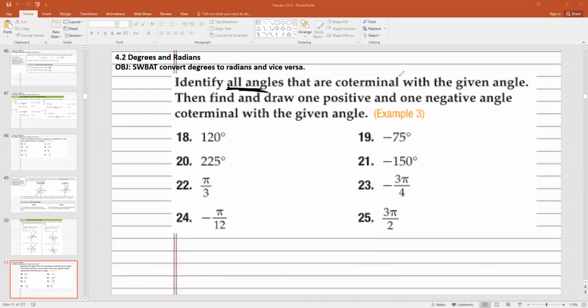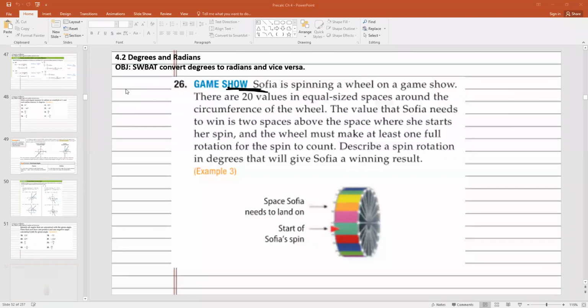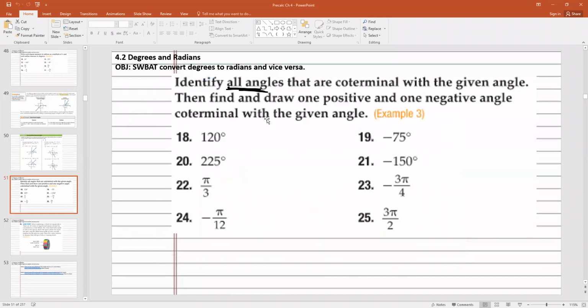All angles that are coterminal with the given angle, then find and draw one positive and one negative angle coterminal with the given angle. Okay, let's do it. We're going to end here after we do these. I'll do 2 of them, 1 in degrees and 1 in radians. So I'll do 21. Why do I always do the negatives? All right, why don't you do a negative one? Do 19, I'll do 21.